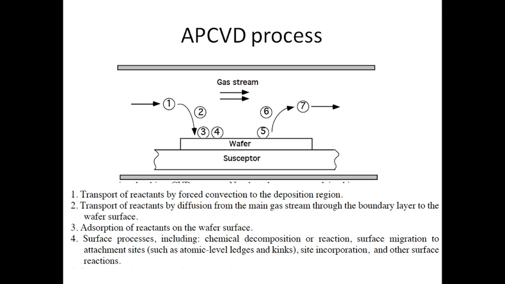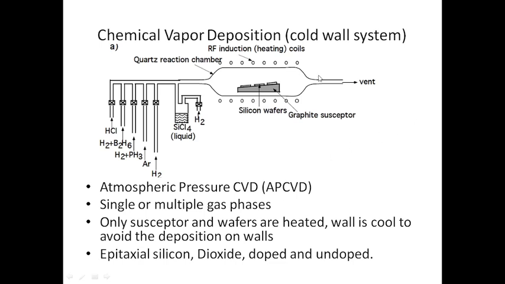It has different phases. In the first phase, there is transport of reactant by forced convection to the deposition region. So this is the deposition region, and to this region I need to bring these constituent elements.